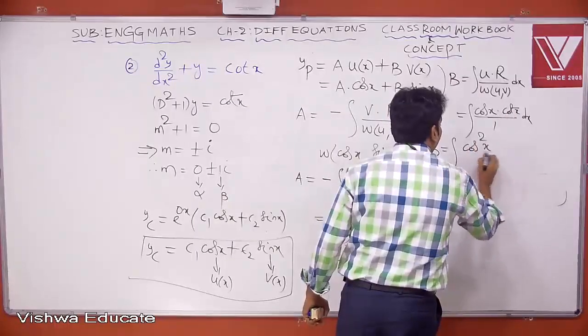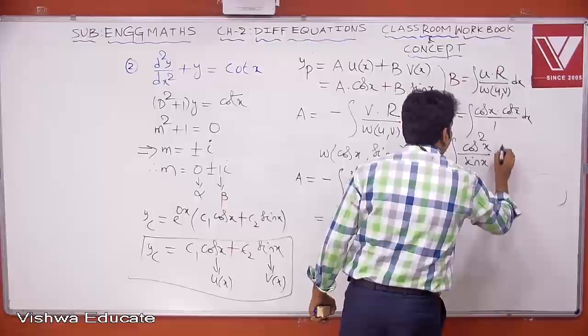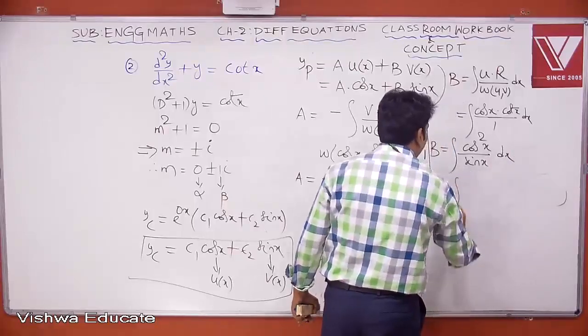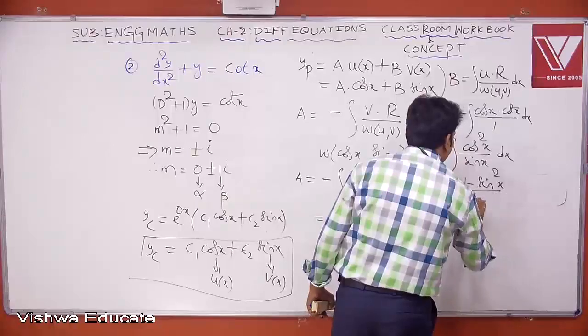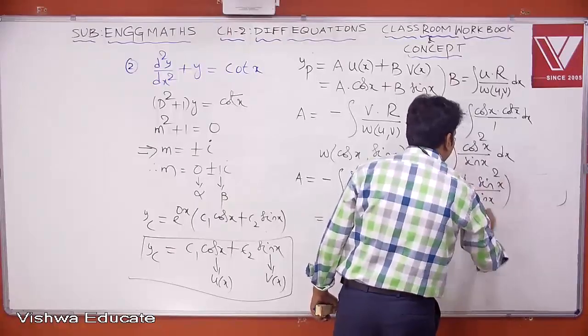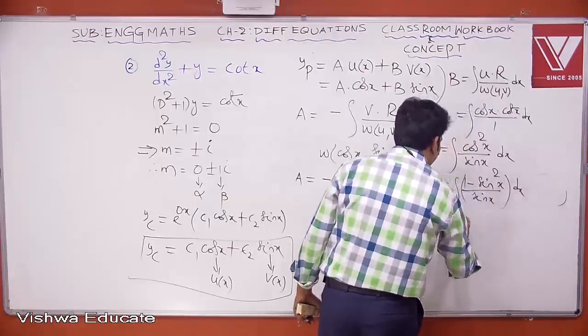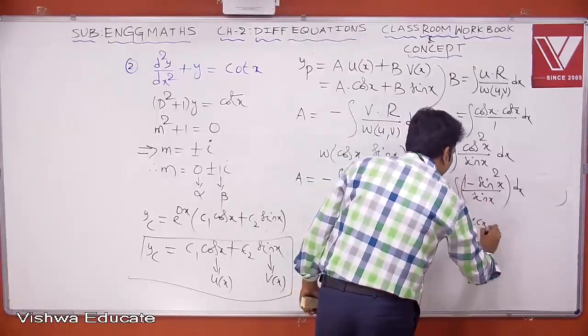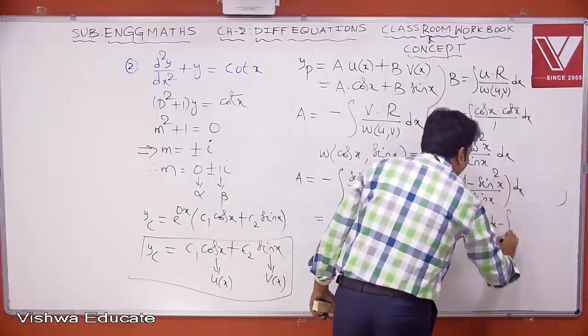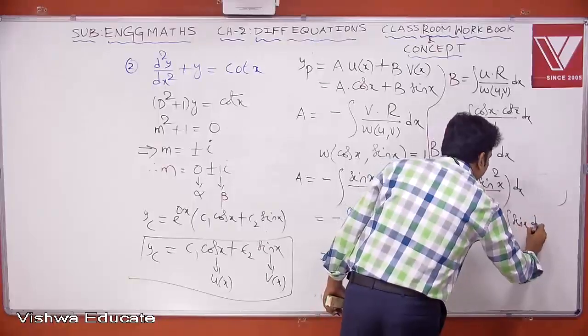So this is cos square x by sin x dx. Therefore this cos square x we can write as 1 minus sin square x divided by sin x dx. So this is integral 1 by sin, 1 by sin is cosecant x dx, minus integral sin x dx.